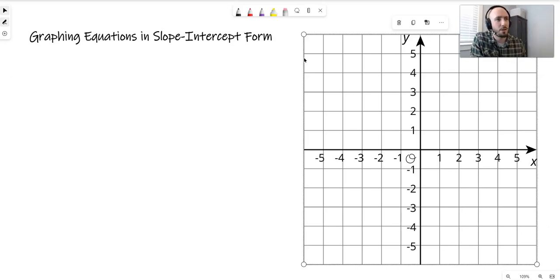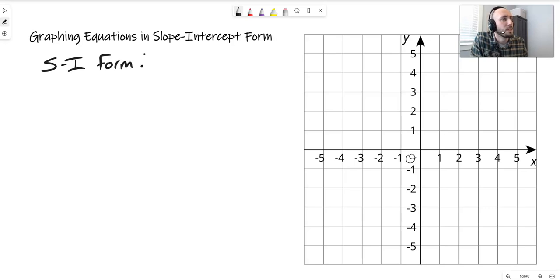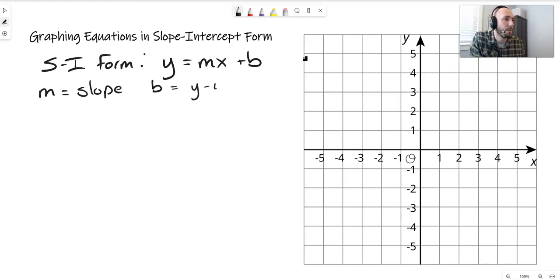So let's just take a little review here. Slope-intercept form looks like y equals mx plus b. And we know that m in this equation is our slope, the steepness of the graph, and we know that b is our y-intercept.